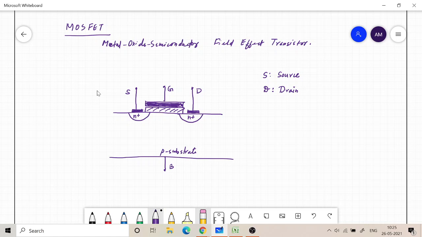If you apply a small positive voltage, it will push away the holes underneath the oxide region, and we will have depletion mode. If you apply a large voltage, that means voltage greater than threshold voltage on the gate, then we will have a negative layer that is created like this.